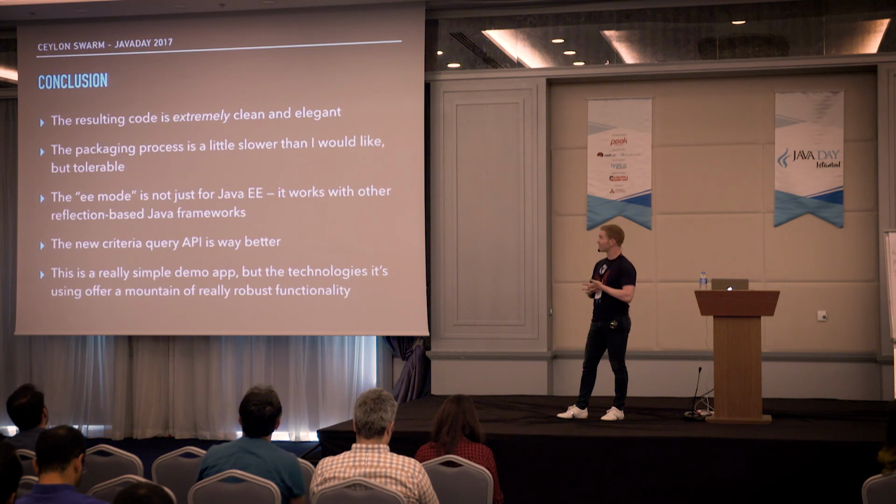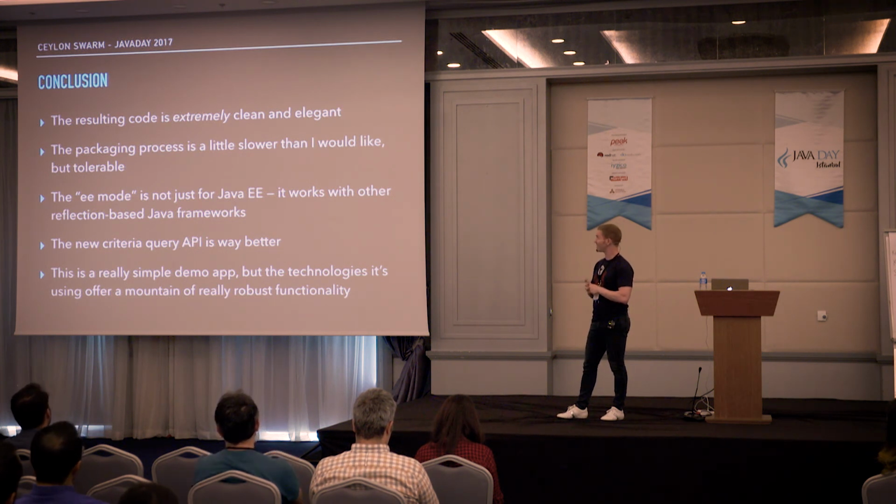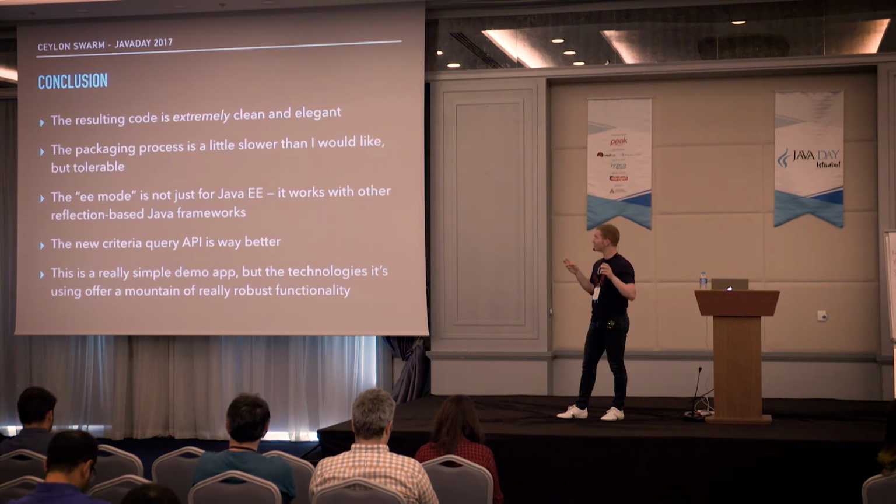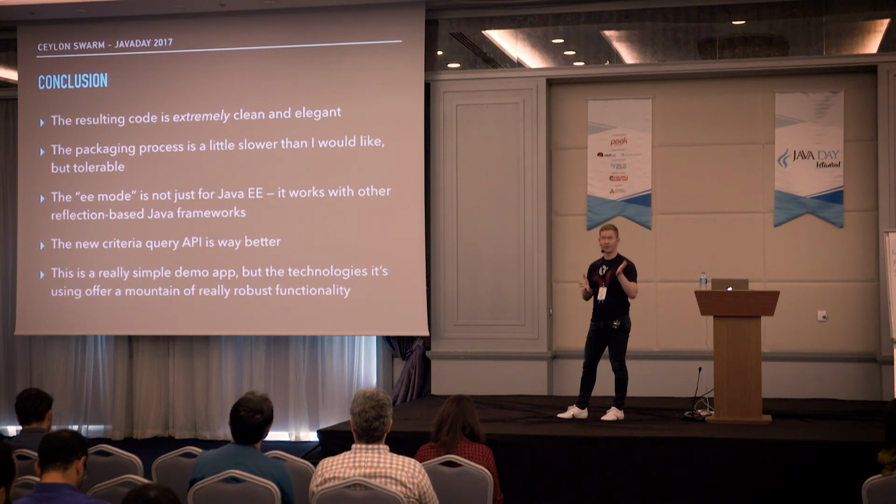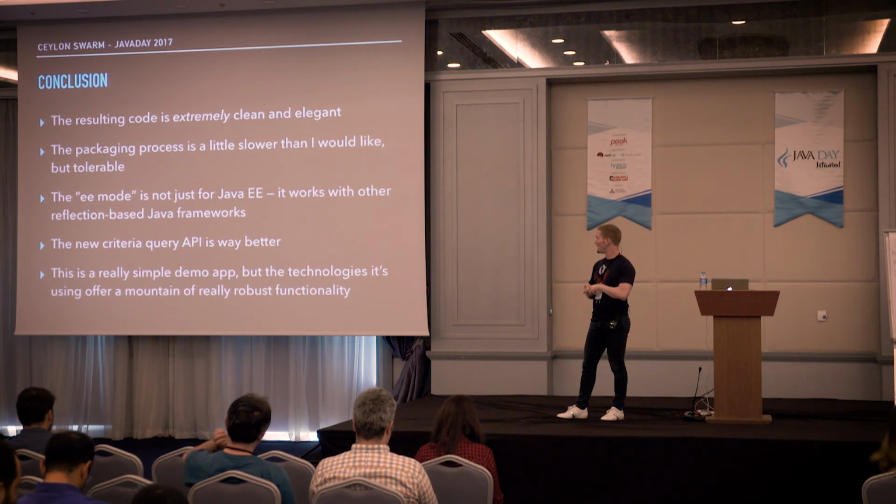The package process of Swarm is a little slower than I would like, but it's tolerable, and you have the option of using Ceylon WAR, which is a little faster assembly when you're just testing. The EE mode that I talked about isn't just for Java EE, it works for all kinds of other Java reflection-based frameworks. This new criteria API is really nice.